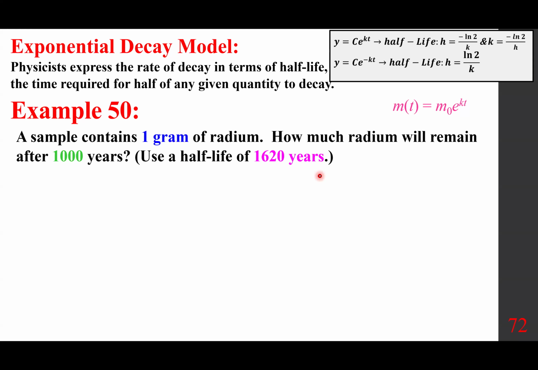So what we know is use y equals c e to the power of kt or m of t equals m sub 0 e to the power of kt. And initially y of 0 or c equals 1 with the half-life of 1,620. We want y of 1,000. In other words, we want to explain this symbolically, what we are going to do.